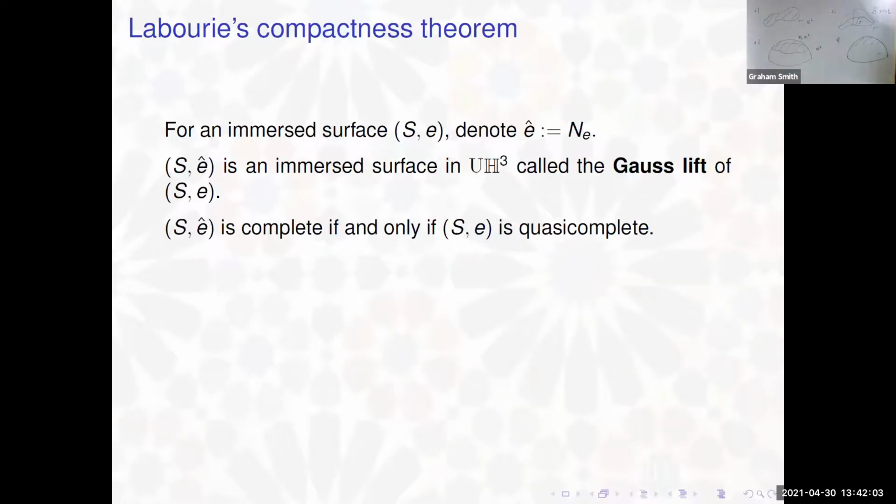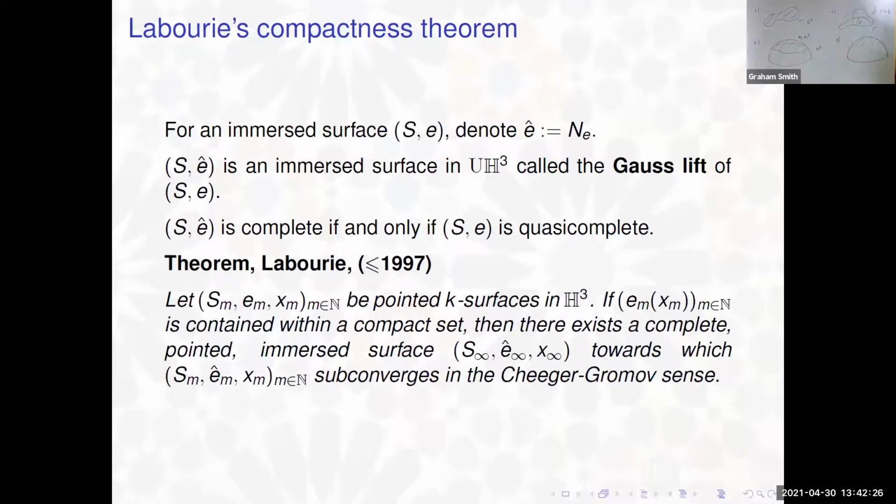So we already see in Labourie's compactness theorem a very natural place in which a quasi-completeness hypothesis becomes necessary. One very curious aspect of the proof of the result I'm going to tell you is that there are other natural places where quasi-completeness is necessary, which is very nice. It shows you that quasi-completeness is the real condition.